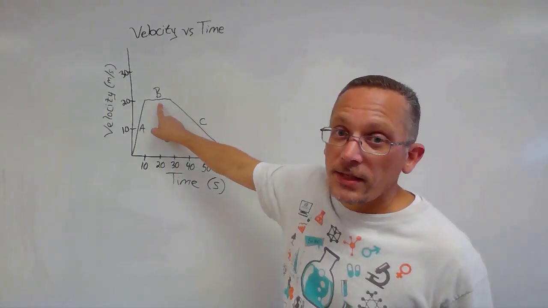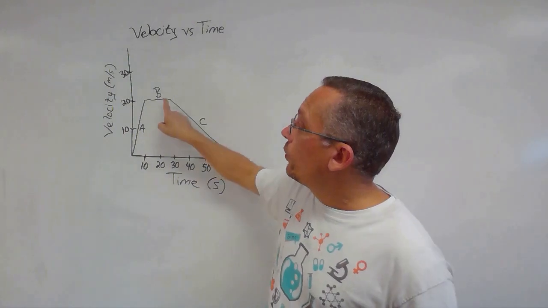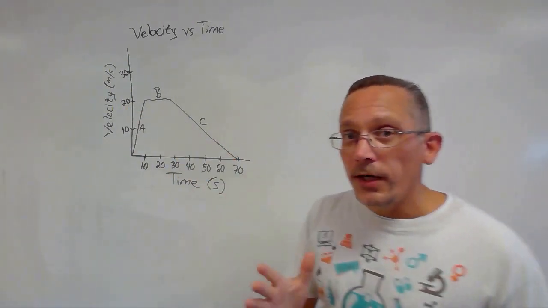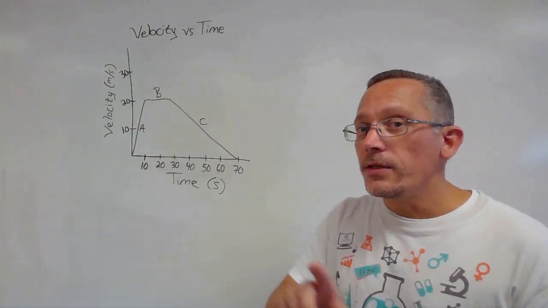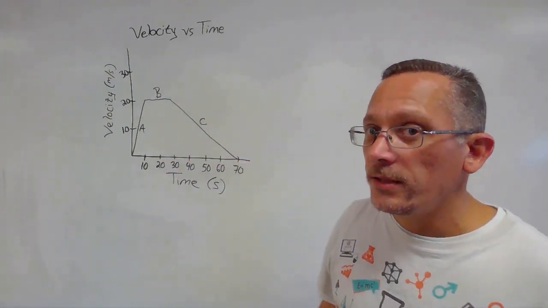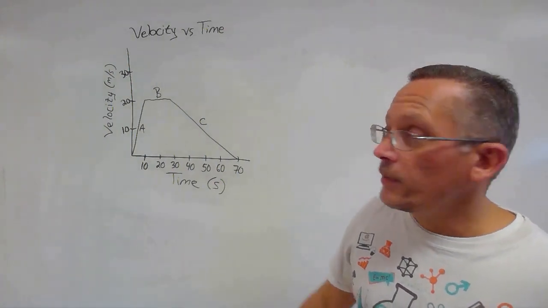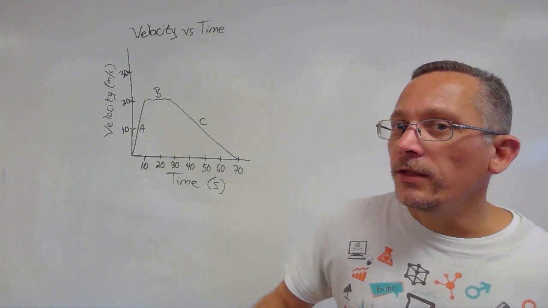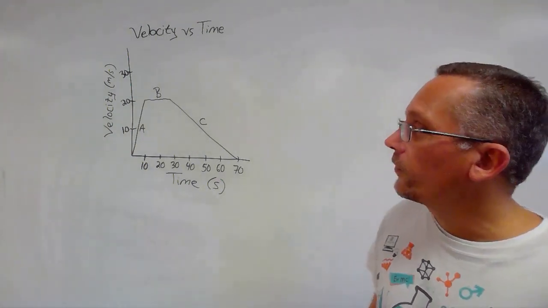At section B, this object was moving with a velocity of 20 meters per second, but its velocity wasn't changing. On the position versus time graph, that flat line means that the position isn't changing. On the velocity versus time graph, that flat line means that the velocity isn't changing. It can be moving, but the velocity isn't changing. It's a constant velocity.